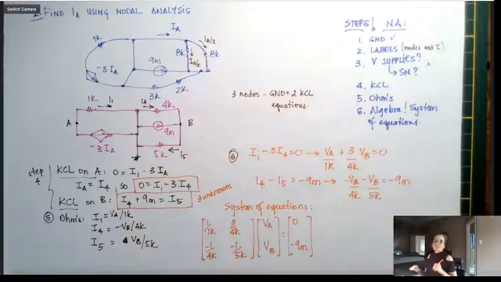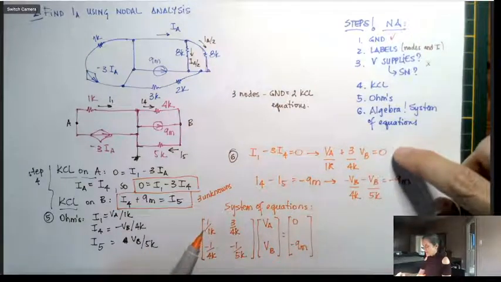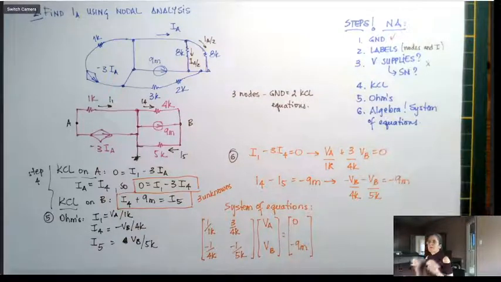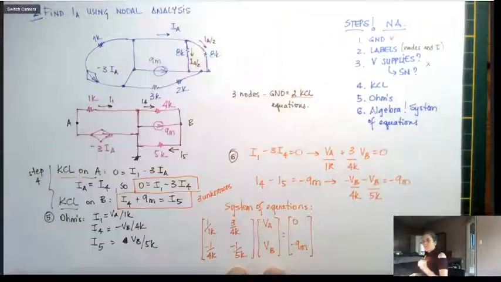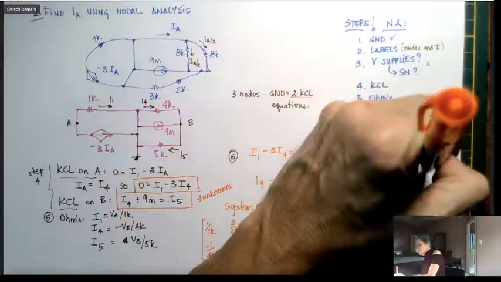This would be the answer on the exam that you would leave, which means I can easily reconstruct this first equation: this times this equals 0, and these two coefficients times VA and VB equals minus 9 milli. You also have only 2 KCL equations, and this has 2 unknowns.